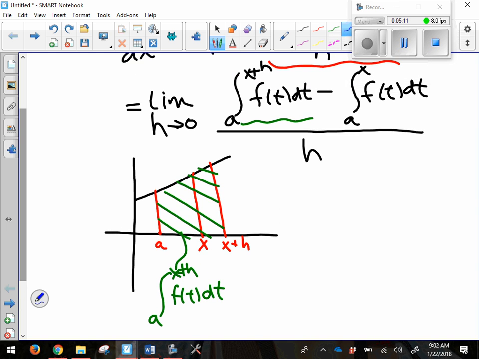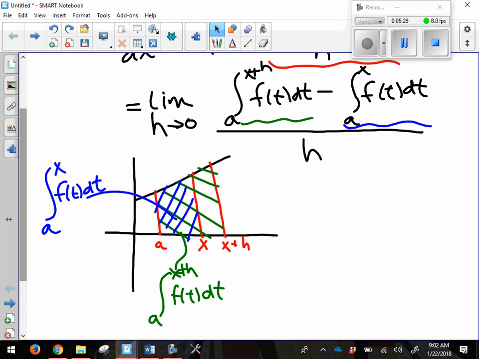Okay, but then the integral that I'm subtracting from it from a to x is just this part here. I'm just finding the integral.